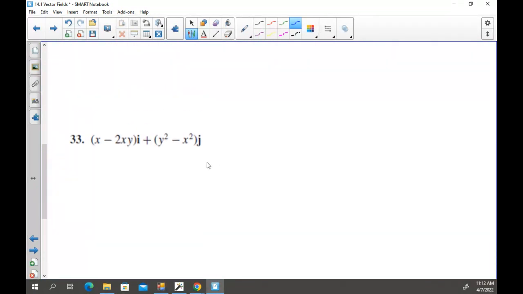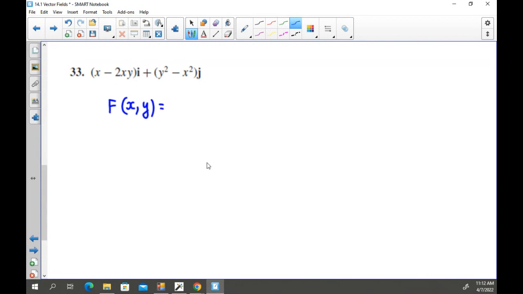So you want to find a potential for this vector field. So this is our function f. I don't know if it exists, by the way, or not. We will find out.